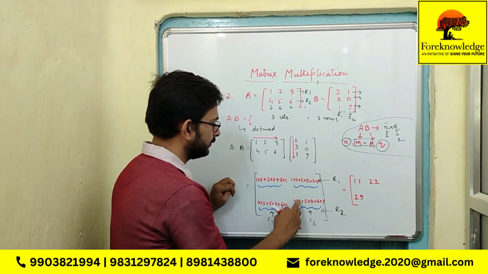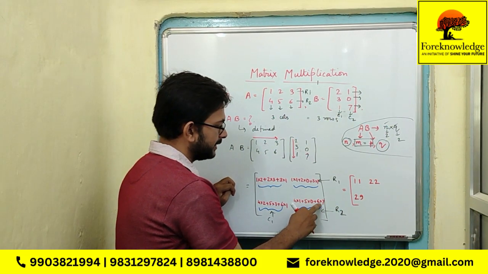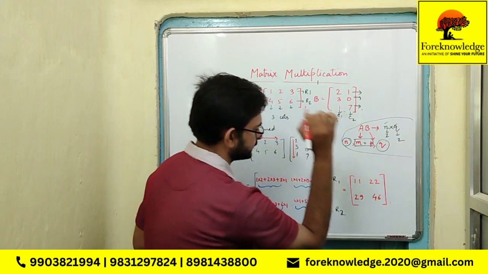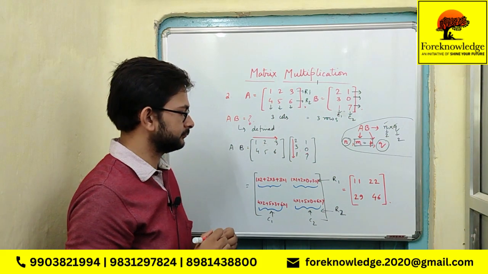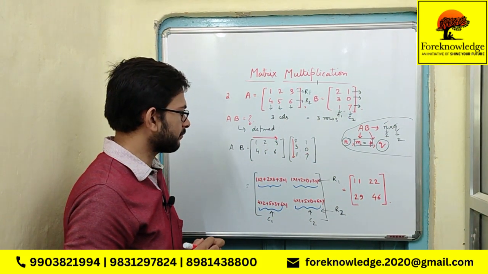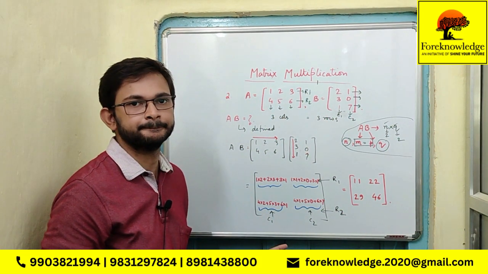And finally 4 plus 0 is 4, 4 plus 42 is 46. This is the final answer for AB. I hope you understand the problem.